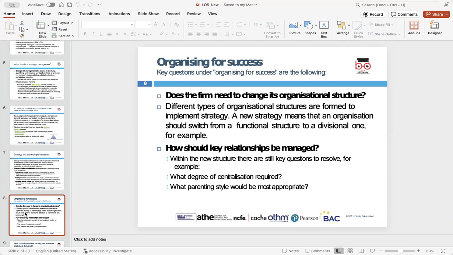These decisions affect how strategy is implemented and how successful the organization will be in achieving its strategic goals. Parenting style also plays a significant role. The parent company may decide to take a hands-on or hands-off approach when managing its divisions, depending on the nature of the strategy and the divisions themselves.